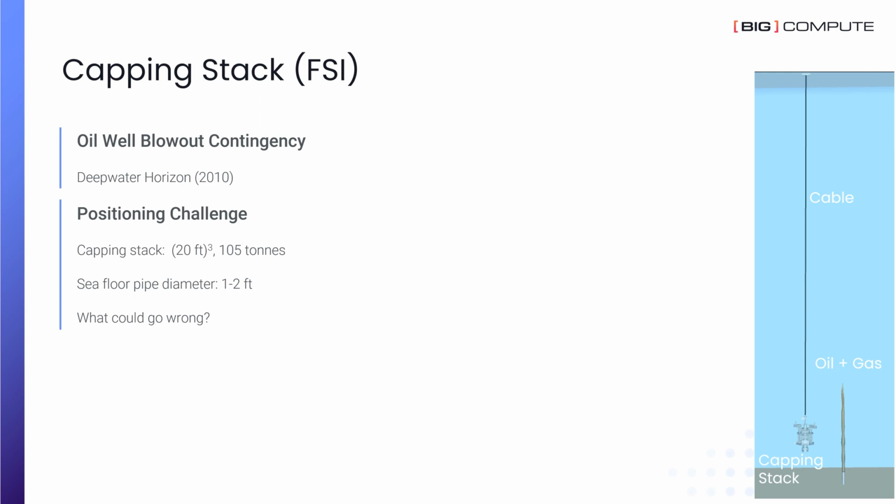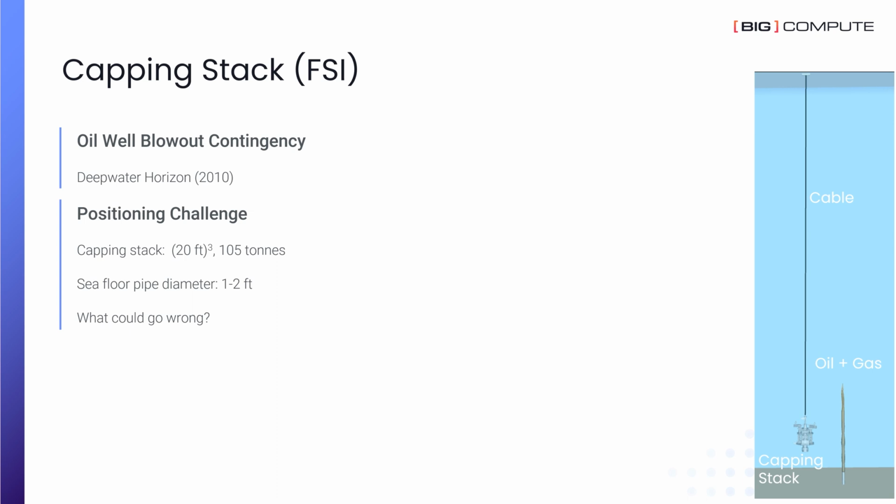To fix that problem would have been to position a capping stack over the wellhead. The capping stack is basically hung from a cable down to the seafloor, and you need to position it over the riser coming out of the well, and then shut off the oil and gas which is flowing freely into the ocean. Now, this presents some challenges.